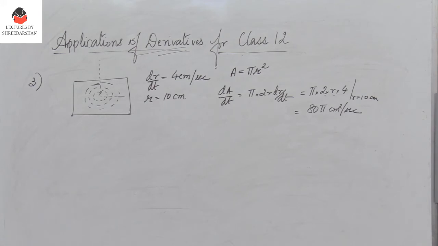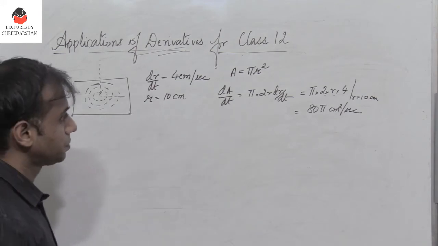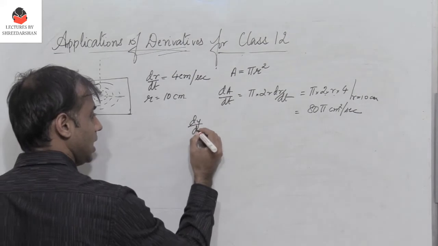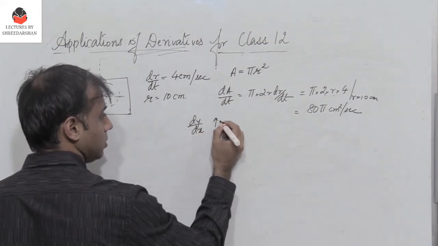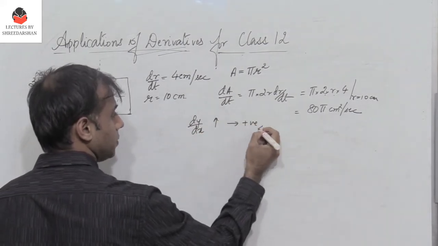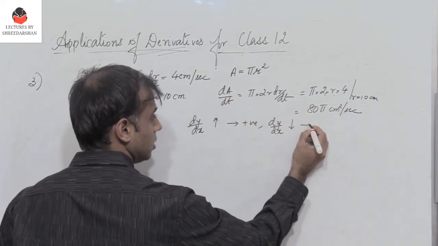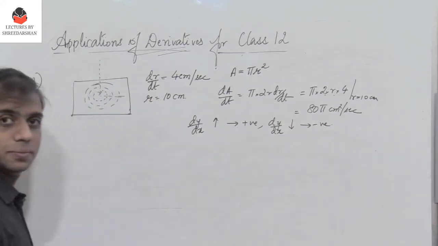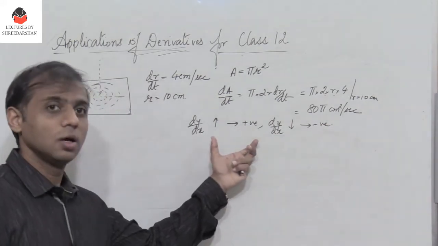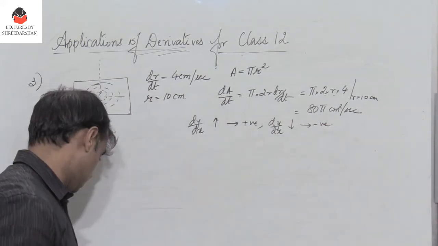Okay? So now we also need to remember that if dy by dx is increasing, then it's going to be positive, whereas if the rate of change of y with respect to x is decreasing, then it becomes negative. We'll be using this concept in the next problem, in problem 4.